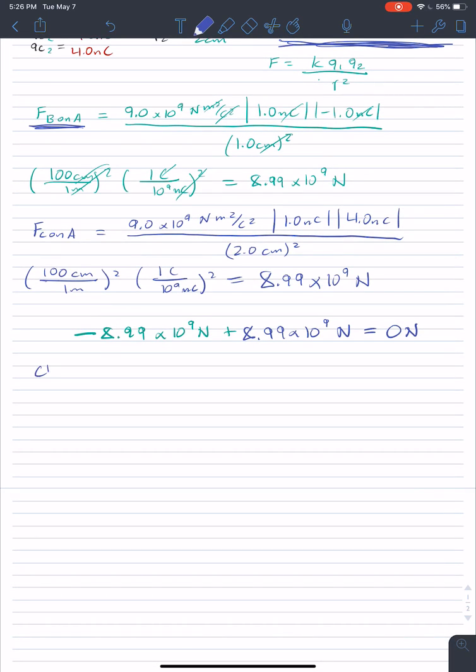So charge A experiences a net force of 0 newtons.